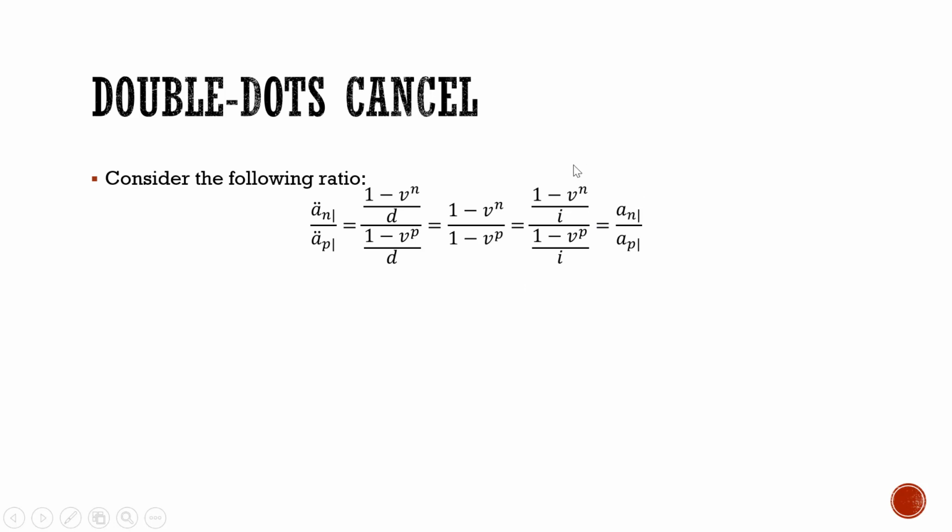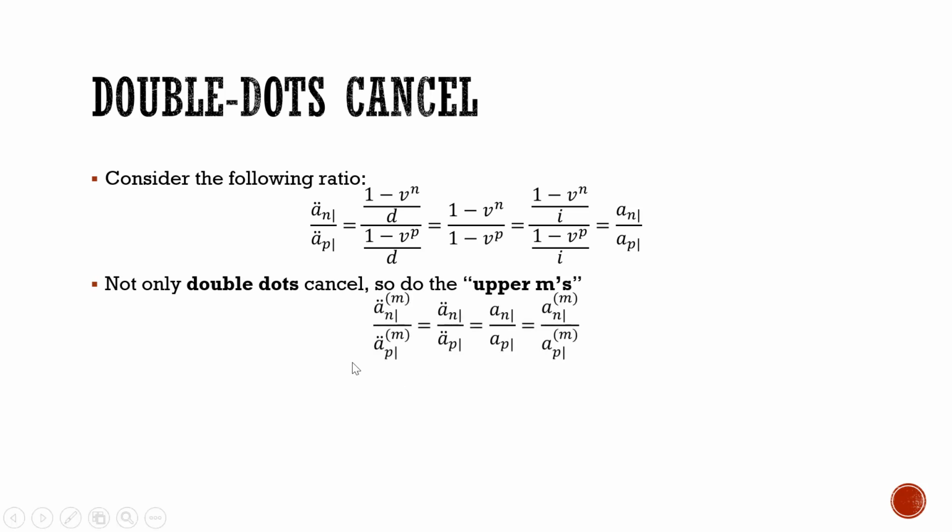So the numerator becomes a_n and the denominator becomes a_p. You see that the double dots cancel out. And not only do the double dots cancel, we also have the upper m cancel.